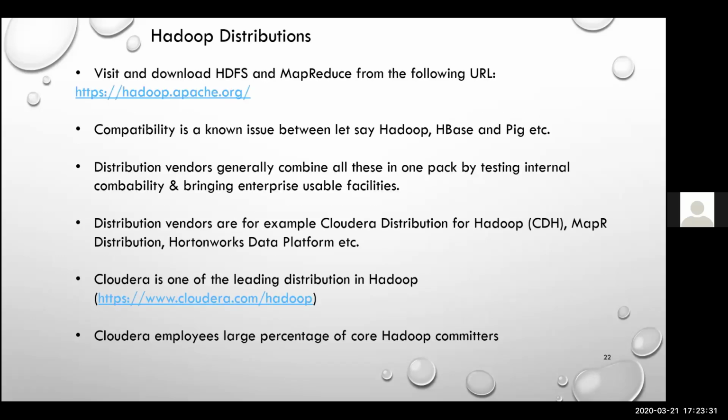If you would like to download the HDFS and MapReduce binaries, you can visit hadoop.apache.org. As I said, using the base distribution of any open source project, especially in the Hadoop ecosystem, say you are using Hadoop, HDFS, and HBase, you need to know which version is compatible with which version.